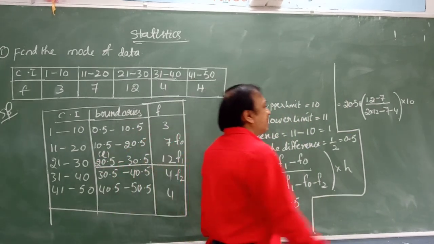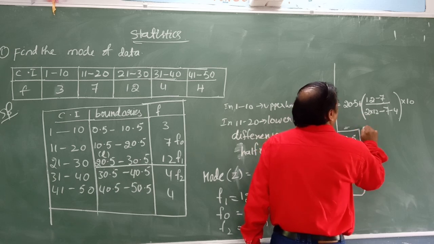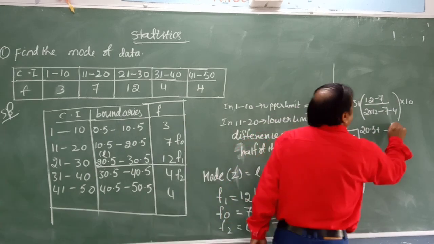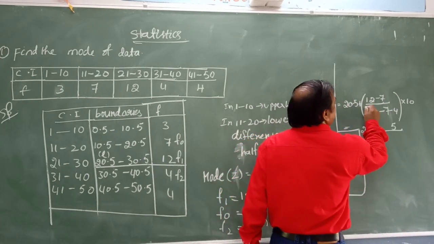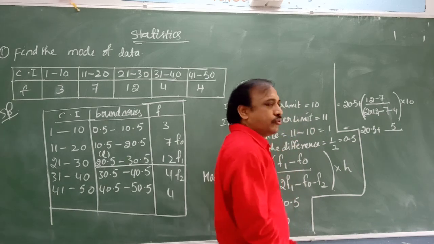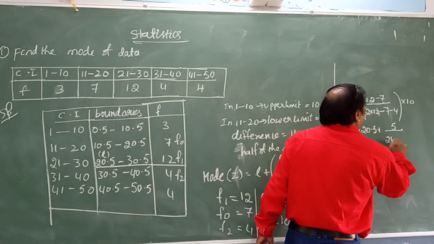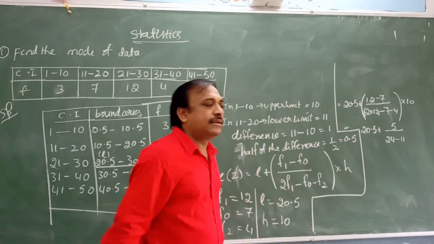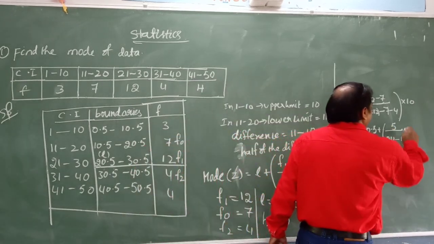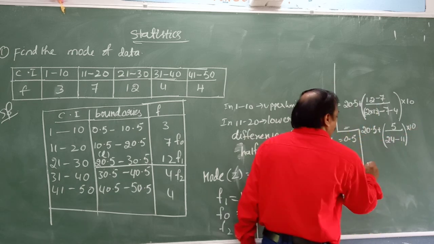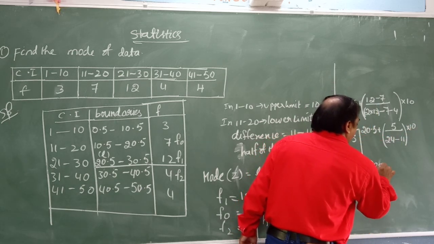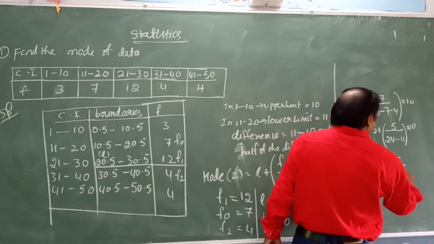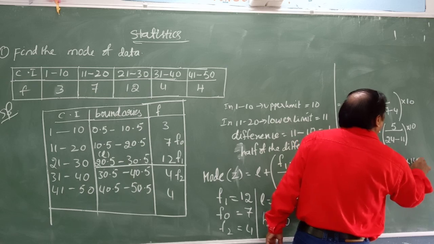Class size is 10. So which is equal to 20.5 plus 12 minus 7 is 5. In this bracket, 2 into 12 is 24. So 24 minus 7 minus 4 is minus 11, into 10. Now which is equal to 20.5 plus 5 by 24 minus 11 is 13, into 10.